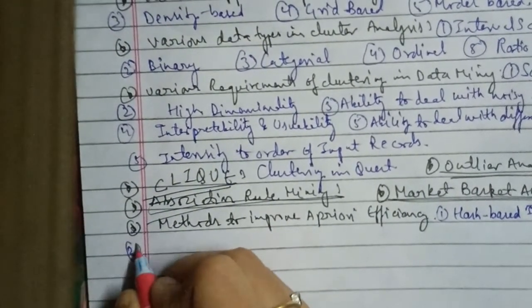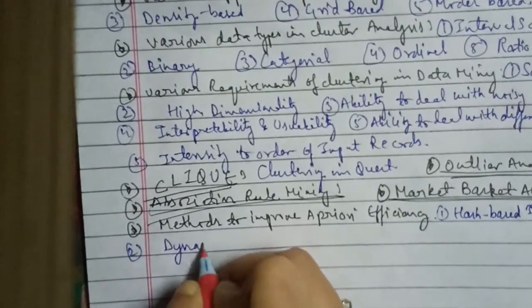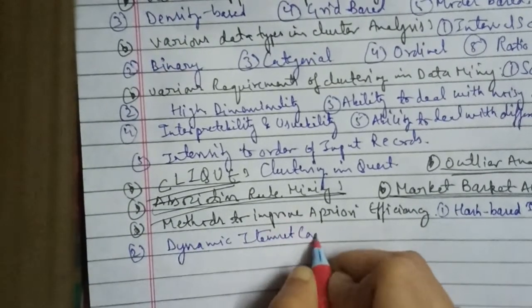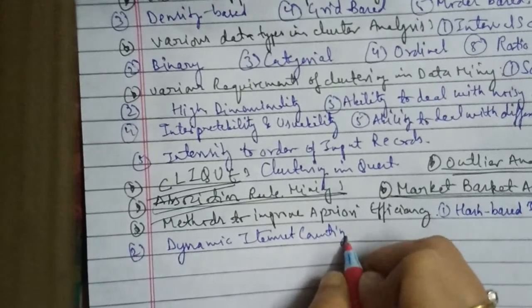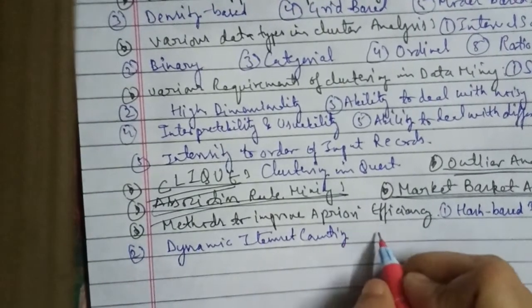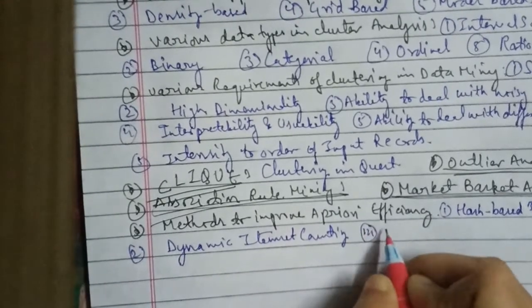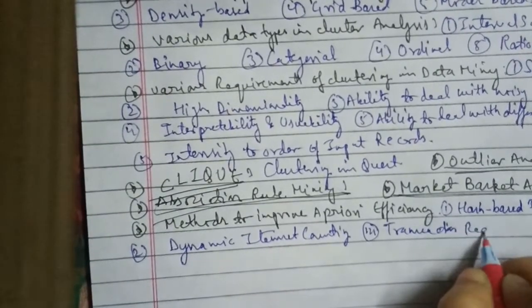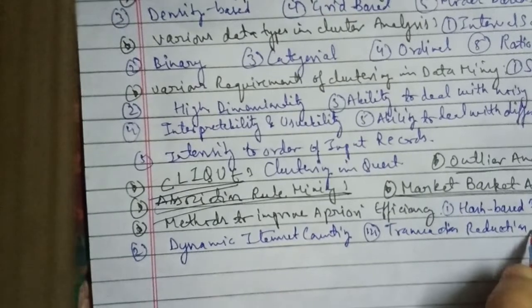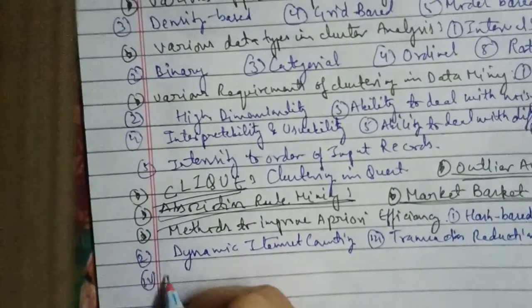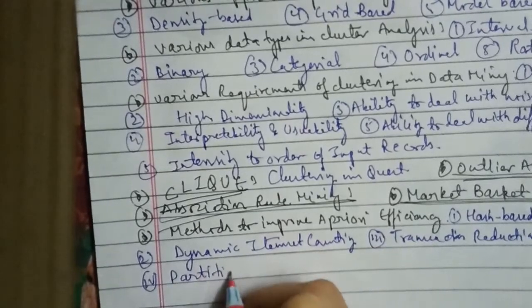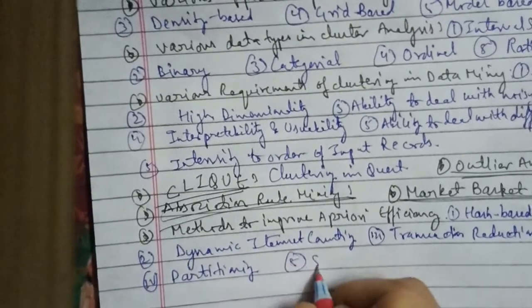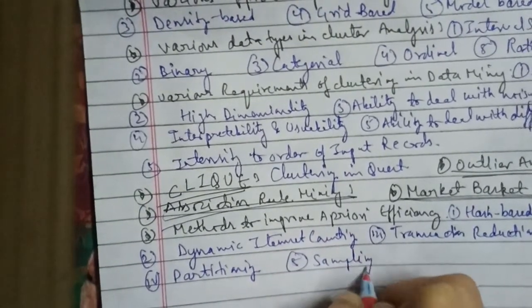The second is dynamic itemset counting. The third is transaction reduction. Fourth is partitioning. And the fifth is sampling.